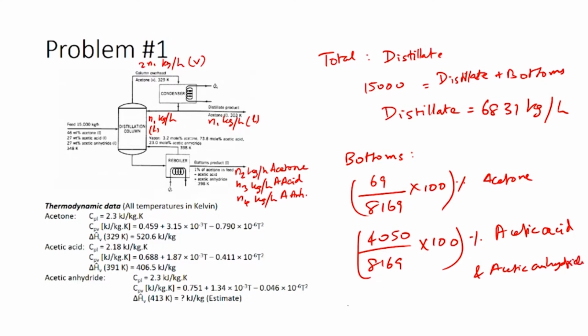The values are 0.8% acetone and 49.6% acetic acid and acetic anhydride.